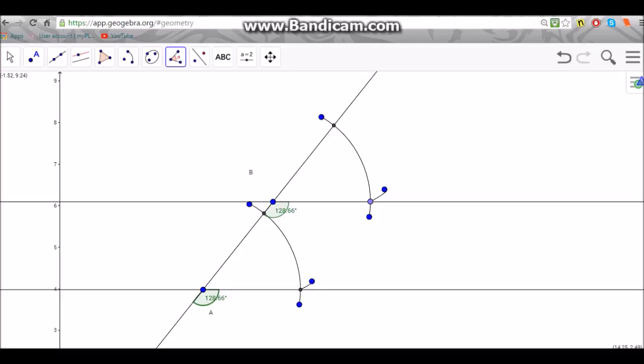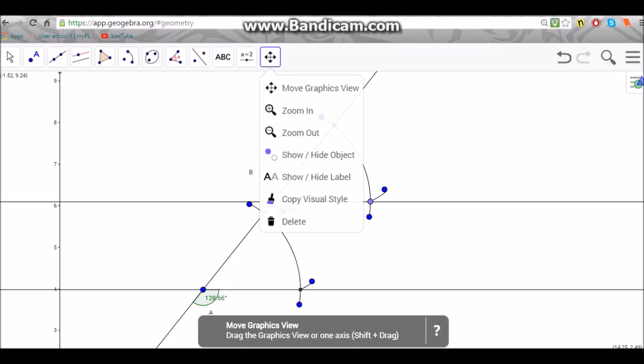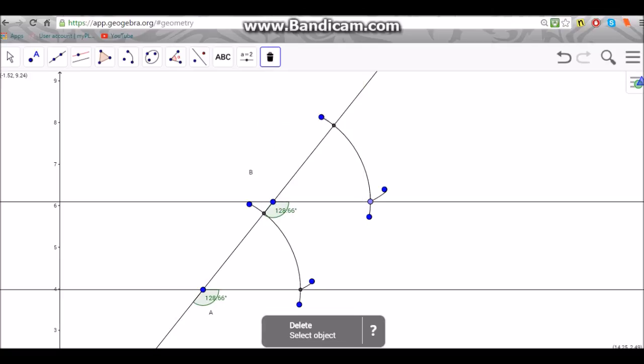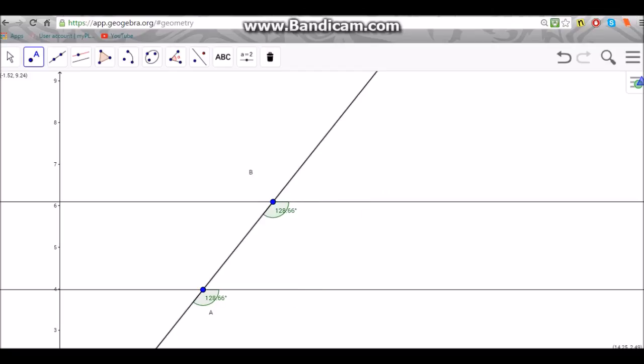Okay, so now I'm just going to take a minute to clean up my work and delete some of these extra arcs and points. That way it's easier for me to show the relationships between parallel lines. So as you can see, now I'm creating the measurements for all of these angles.